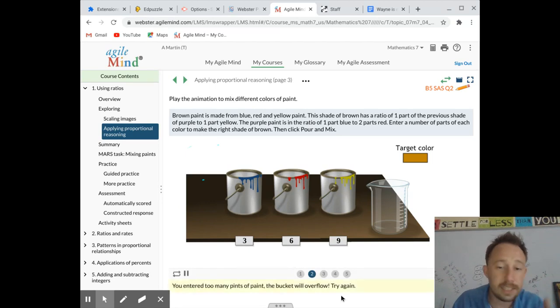All right. It says we entered too many pints and the bucket's going to overflow. But Akira, you are perfectly correct. Levi, you are as well. Does anybody have any questions about that?